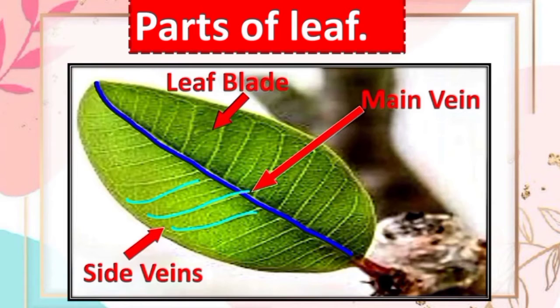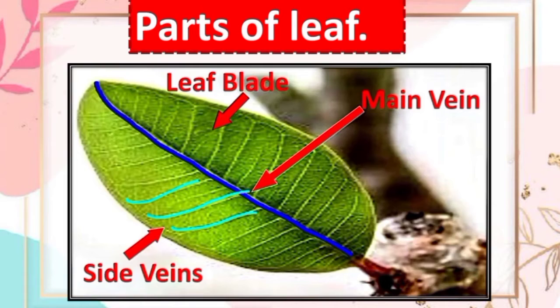So children, this is the flat part of the leaf, the leaf blade. As you can see in the picture, if you look at a leaf very closely, you can see some veins, right?